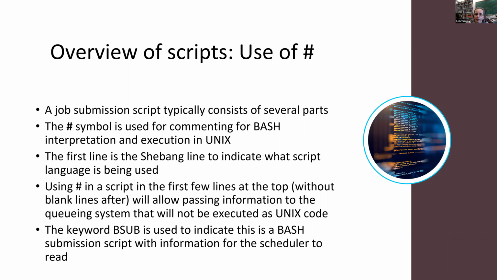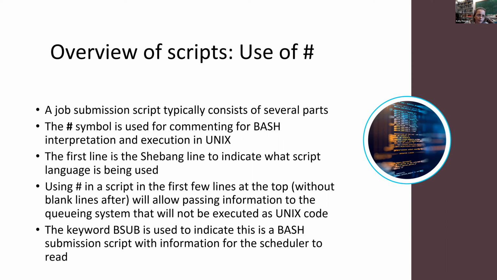So this is what I meant by it is for a comment, but you can also use it for passing information which will be ignored by a Unix interpreter, but may be interpreted by something to which you submit this script, such as the queue.